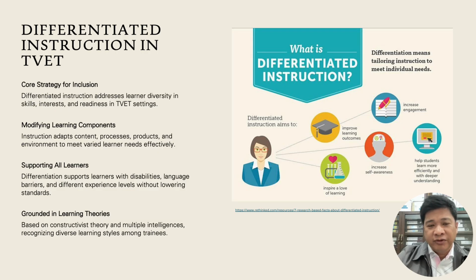In inclusive TVET, DI or differentiated instruction supports learners with disabilities, language barriers, or limited prior experience while still challenging high performing trainees. When implemented effectively, it creates a supportive learning environment where diversity is seen as an asset rather than a problem.